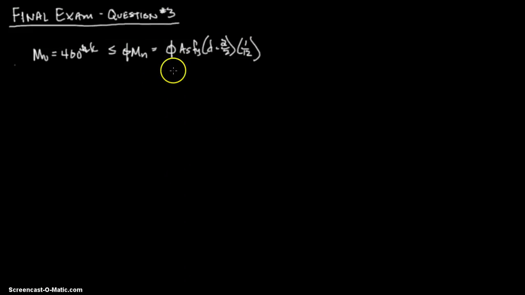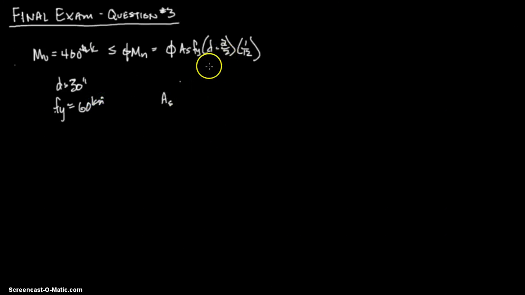All right, so I guess we can just go ahead and start solving. It says that D equals 30, which we need. We also need As, let's write As over here. Fy is going to be, 99% of the time, 60 ksi.